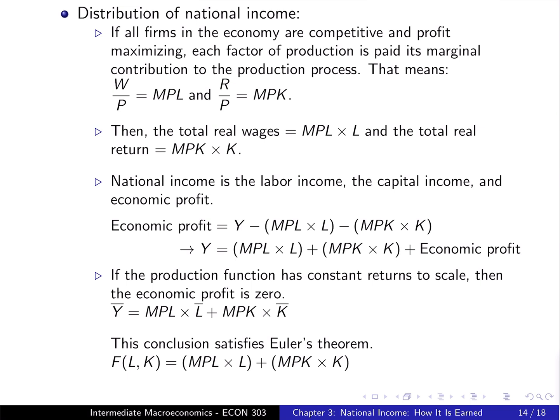Then Y bar equals MPL times L bar plus MPK times K bar. This is consistent with Euler's theorem: F of L and K equals MPL times L plus MPK times K.